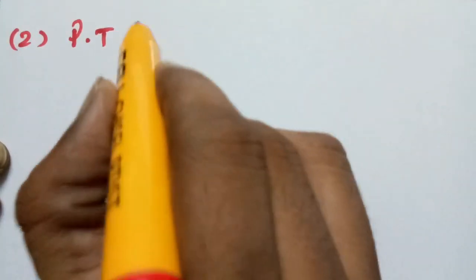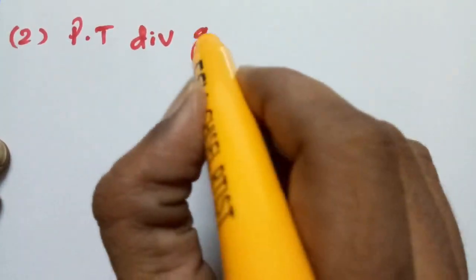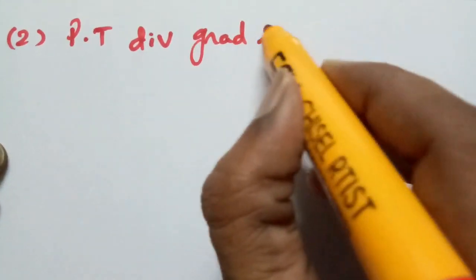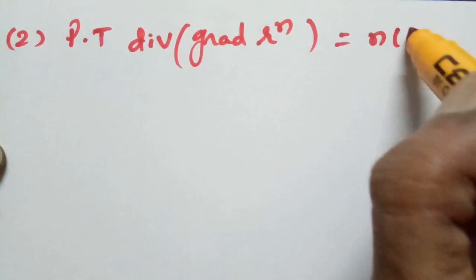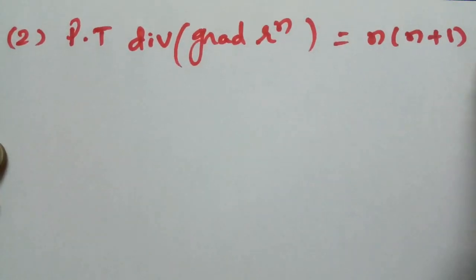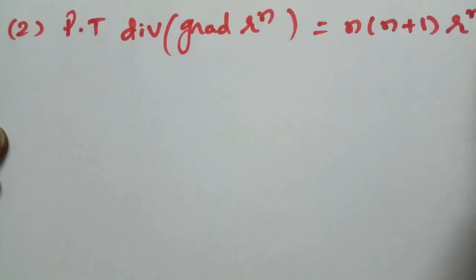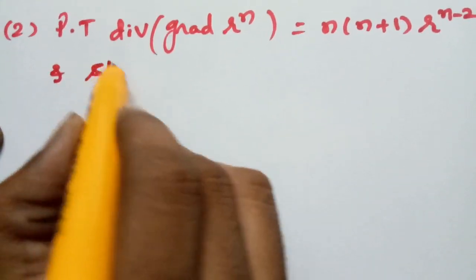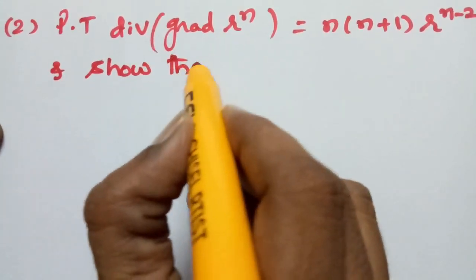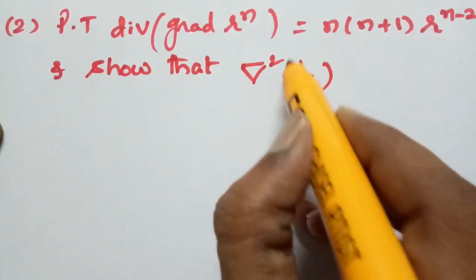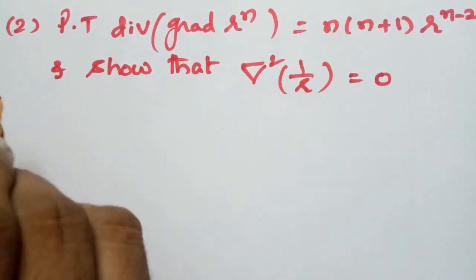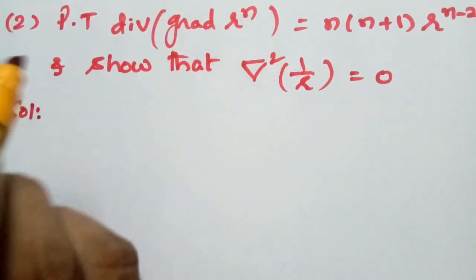Second one, prove that divergence of grad r power n is equal to n into n plus 1 into r to the power of n minus 2, and show that del square of 1 by r is equal to 0.